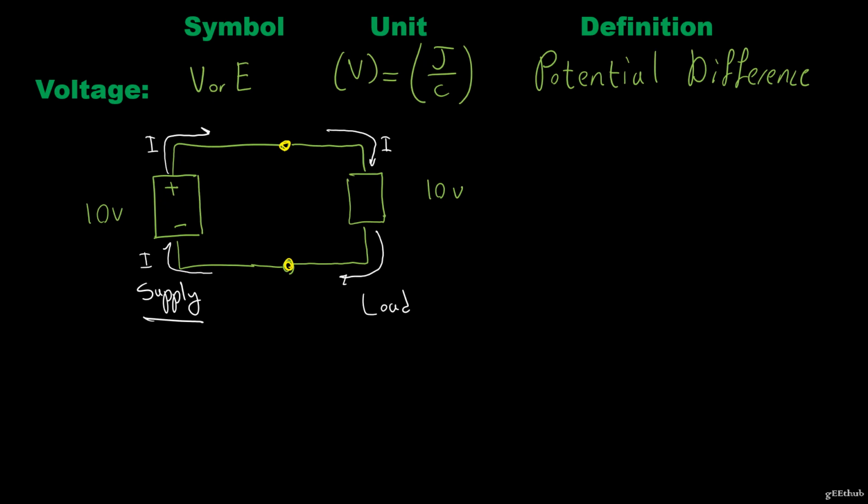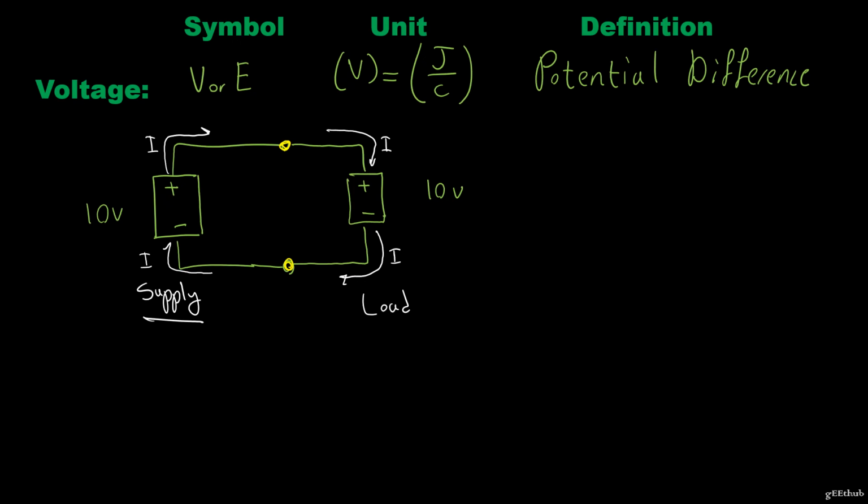So when my I goes from here to here, it loses energy and then goes out. So then my terminals must be in the opposite direction. So my current must go in the positive terminal first and then get out from the negative to lose this 10 volts of energy. And then back in the supply and so on.